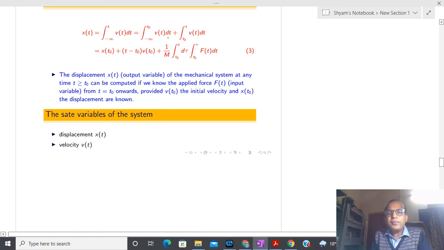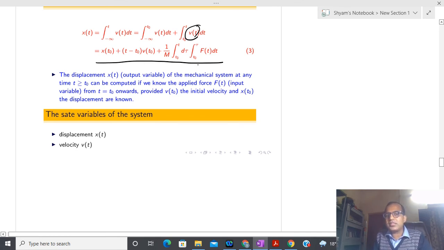Now if you put this V(t), and substitute V(t) equal to V(t0) plus the integral from t0 to t of F(t), then you can see this kind of quantity comes into the picture. Please check it. Now V(t0) is given. At t0 I have a definite amount of the integral V(t0), so I can write t minus t0.